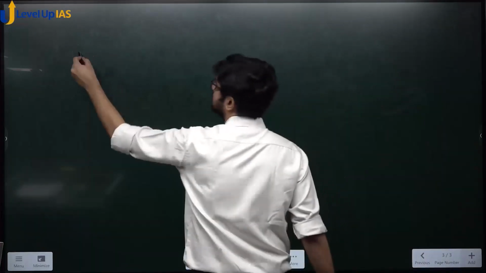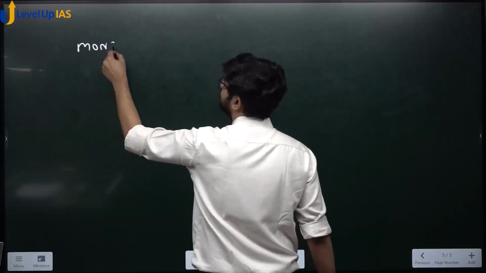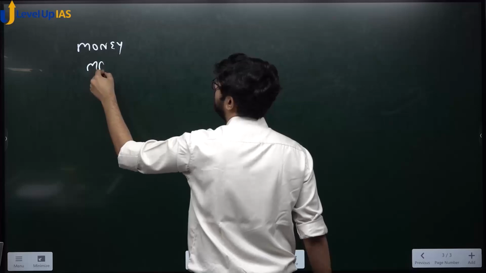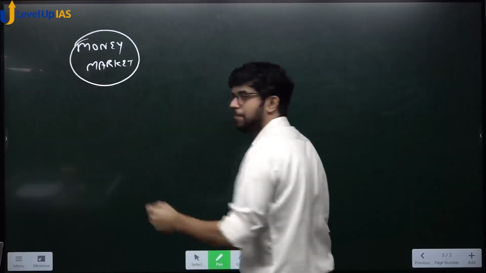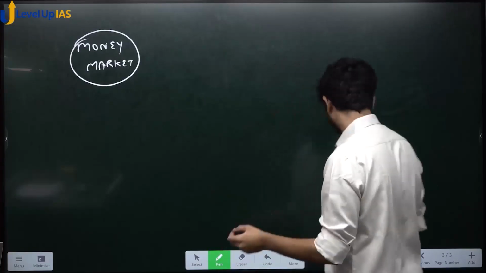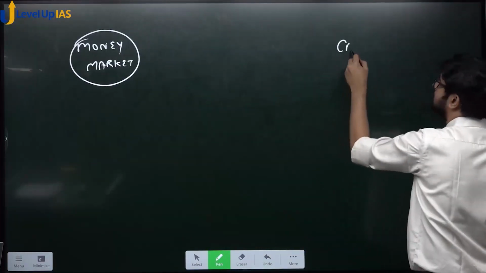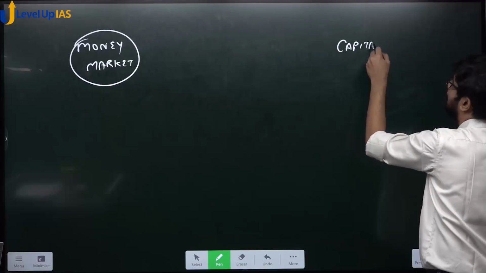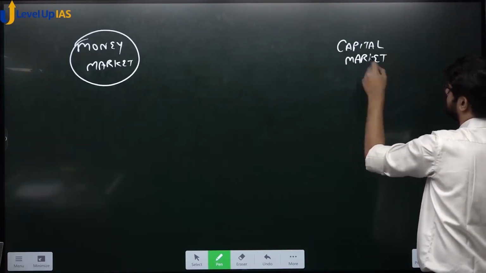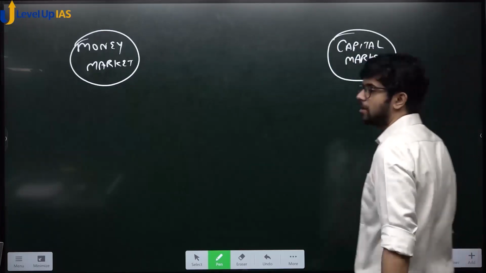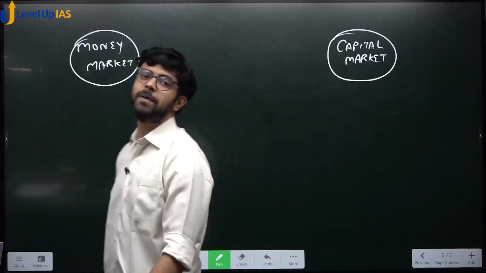One is known as money market. It is written in the name itself. See? It is written in the name itself, money market. Right? Buying and selling of money is happening. Second is known as capital market.